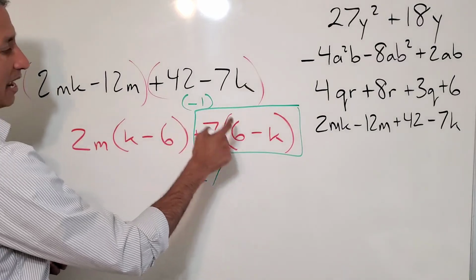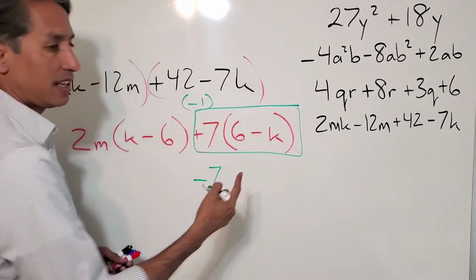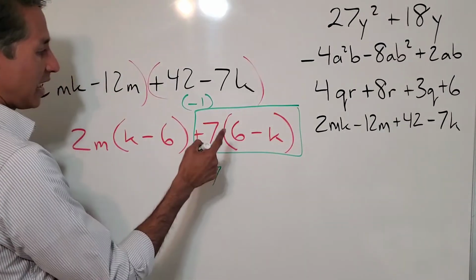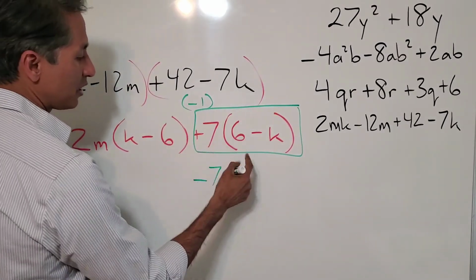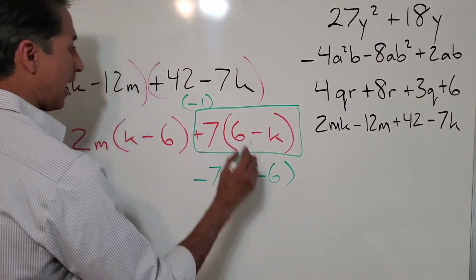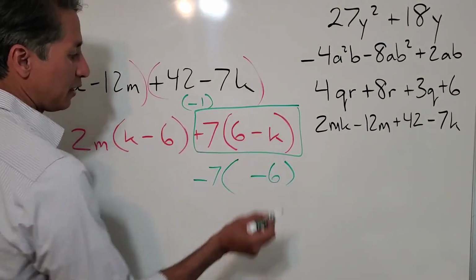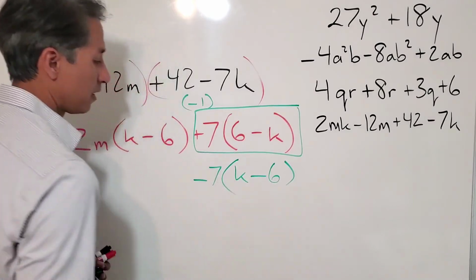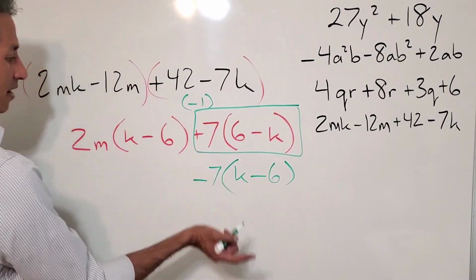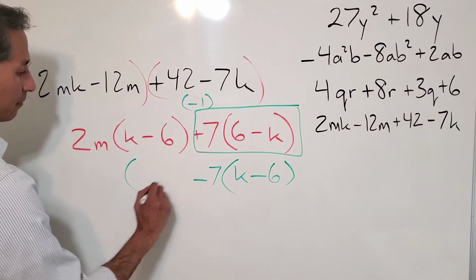If I multiply a -1 times the values in here, it reverses the situation because I end up with a negative times a positive, giving me a negative. And then a negative times a negative gives me a positive. And the reason I did that is because I wanted this guy to match this guy.